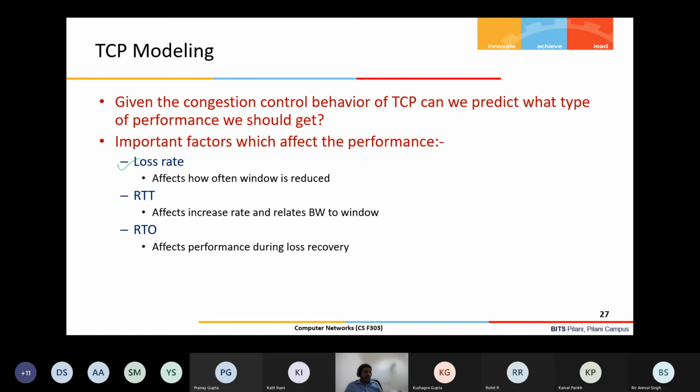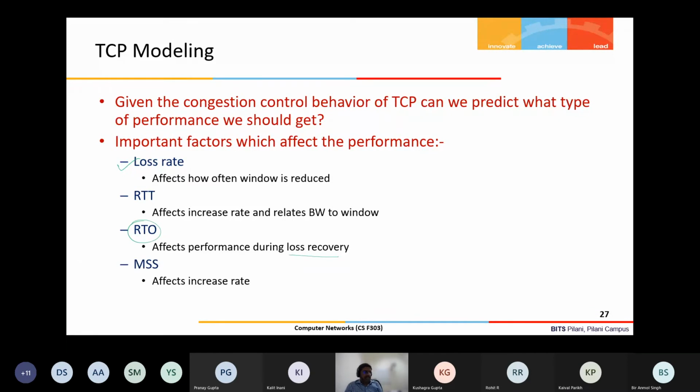Then RTO, the retransmission timeout, also plays a role. That affects the performance during loss recovery, because if your RTO is large, then you have to wait before retransmitting the lost packet, right? Only after you retransmit the packet and get the acknowledgement can you slide the window. Otherwise you are stuck and will not be able to send more data. So RTO also plays a critical role in TCP performance.